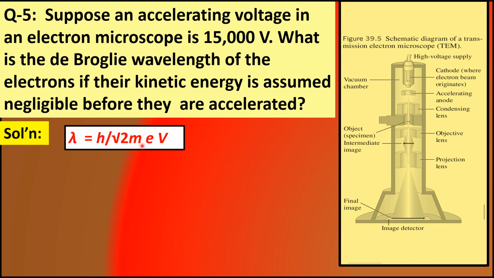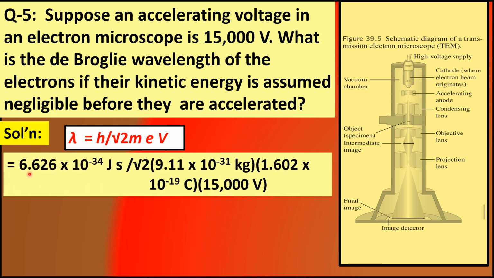So substituting, this is Planck's constant, and the mass of the electron, we use the quantity that was given earlier, 9.11 times 10 to the negative 31 kilogram. And the charge of an electron, which is 1.602 times 10 to the negative 19 coulomb, then multiplied by the given accelerating voltage, 15,000 volts.